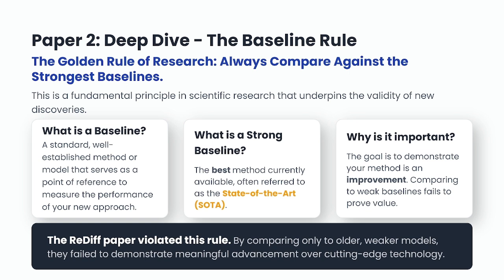The authors only compared their model against older diffusion models. They omitted the comparison against the autoregressive models, which are the current gold standard for many of these tasks. By carefully selecting weaker baselines, the authors inflated the perceived value of their contribution. The reviewers recognized this and flagged the evaluation as not rigorous enough.